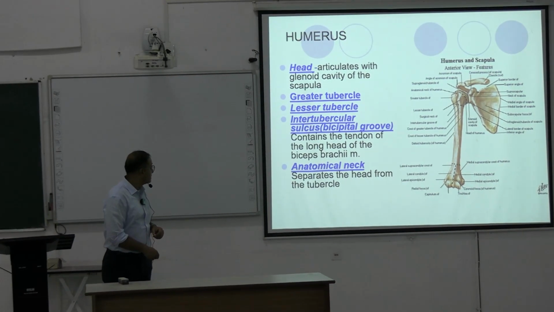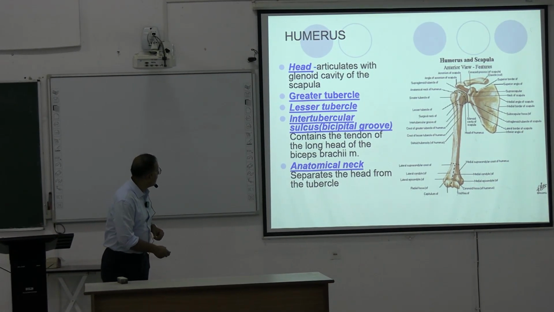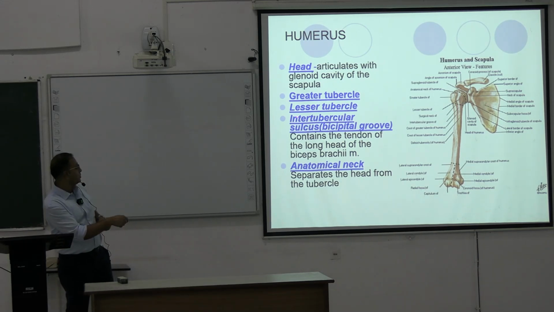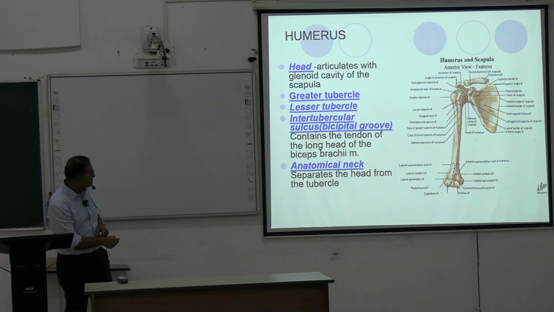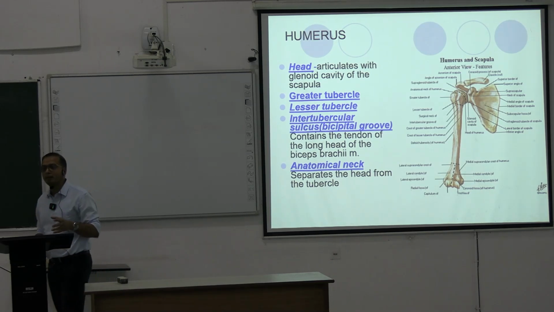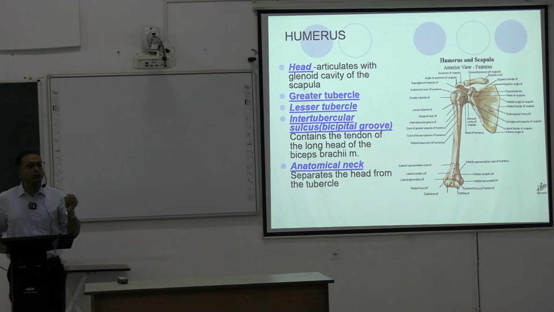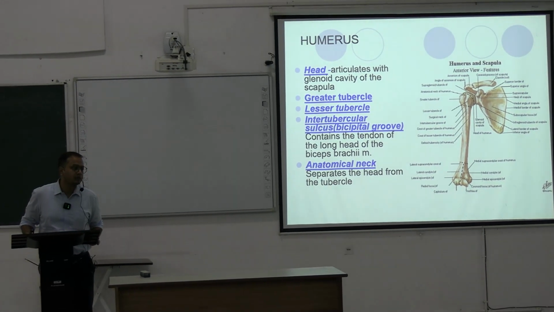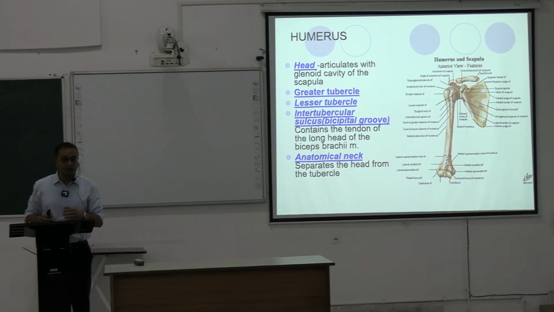So this lat, which you have to really learn well, and the intertubercular sulcus, also known as the bicipital groove, contains the tendon of the long head of biceps brachii. This makes the bicipital groove really high yield for examination. One is the floor, you have to understand the floor.